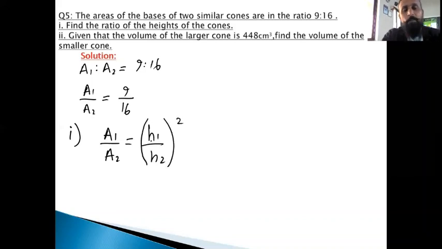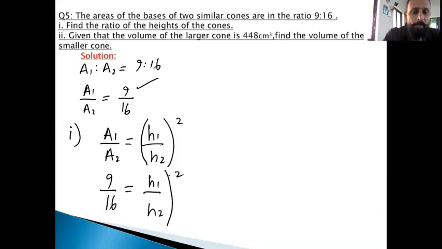Remember, in the formula of areas, we have the whole square. So let's plug in these values. We have A1 and A2 as 9/16, H1 upon H2 whole square. Now, in order to calculate H1 upon H2, we need to take square root on both the sides. The square and square root cancel out each other.